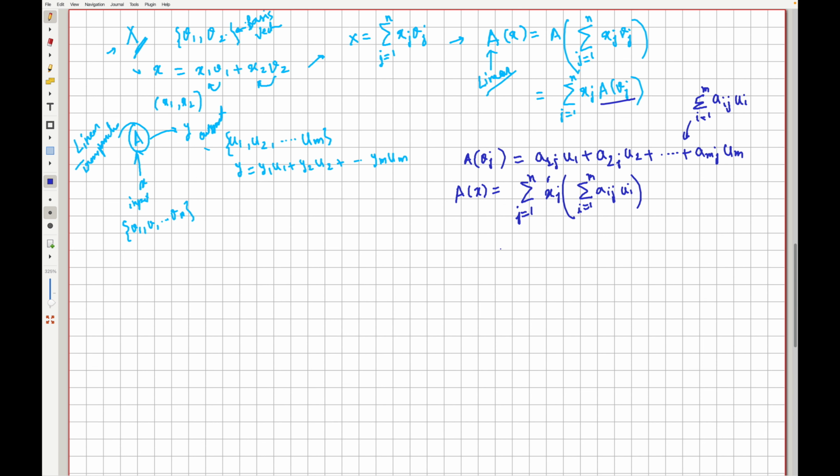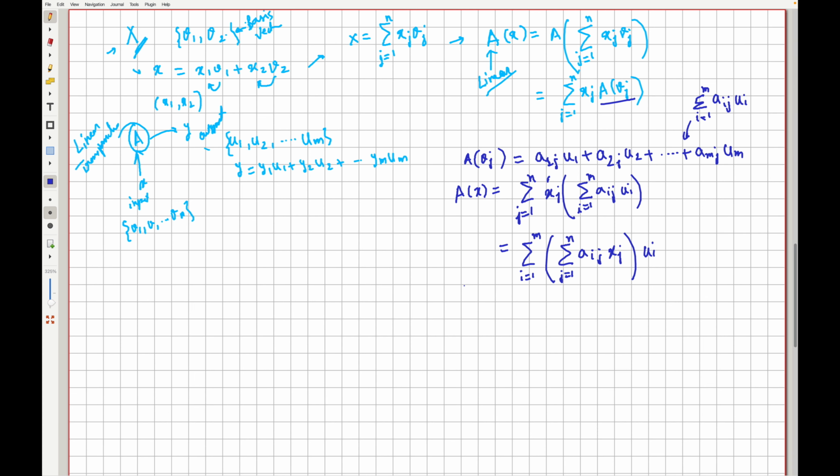So now if we reorder the terms in the above equation, what we get is the summation i is equal to 1 to m, parentheses, then the summation j is equal to 1 to n, aij xj, and then we have ui right here.